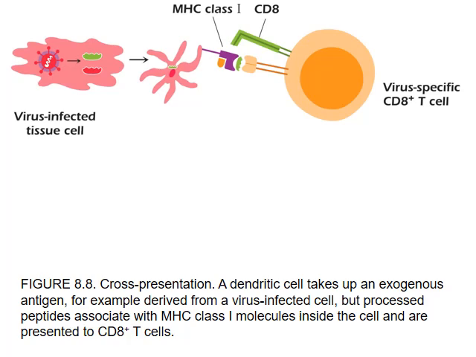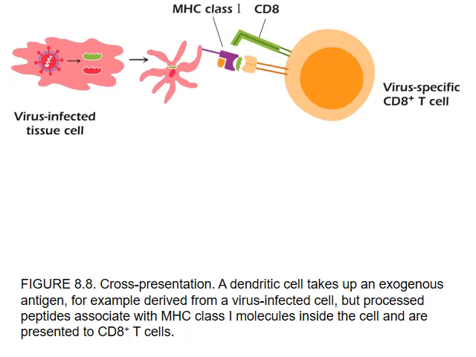This process over here, where a dendritic cell takes up an exogenous antigen, for example, derived from a virus-infected cell, and processes the peptide with class 1 inside the cell and presents it to a CD8 cell, we call cross presentation. So this is cross presentation.